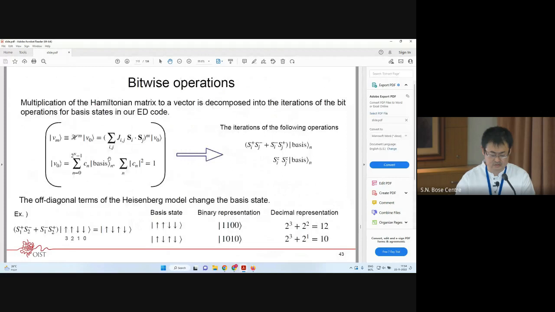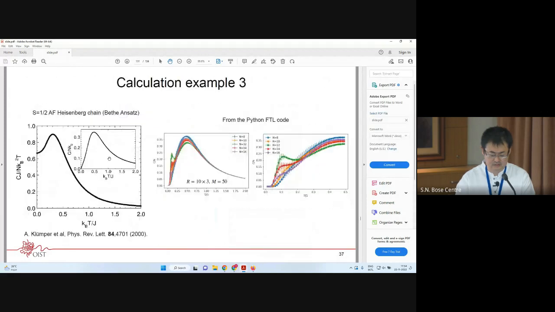So for example, yes, this one. This calculation example treats the S equal 1/2 antiferromagnetic Heisenberg spin chain. And for reproducing these graphs, you should change the parameter n, and you should also change the J2 interaction value to J2 equals 0.